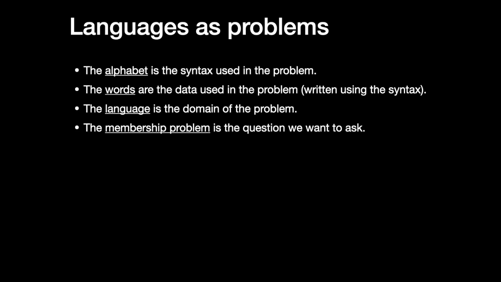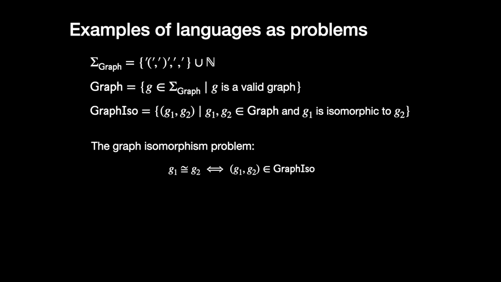Let's check out some examples. In this example, we ask whether two graphs are isomorphic. We have an alphabet that allows us to write down a valid graph with both vertices and edges. Here a vertex is a number. Then we have the language of a valid graph. Finally, the graph isomorphism problem is the language graph iso, which pairs together isomorphic graphs.